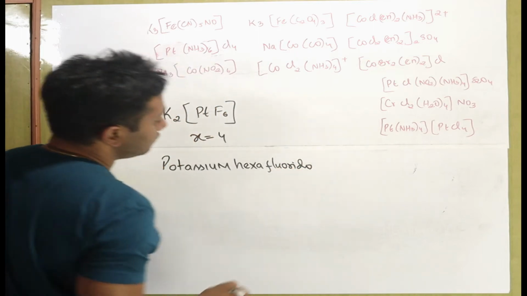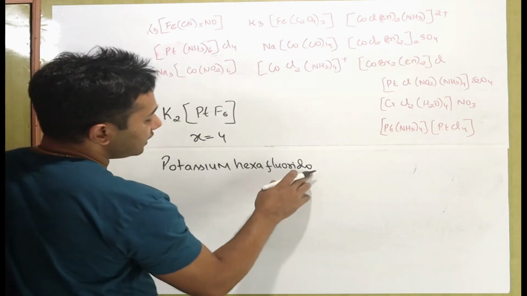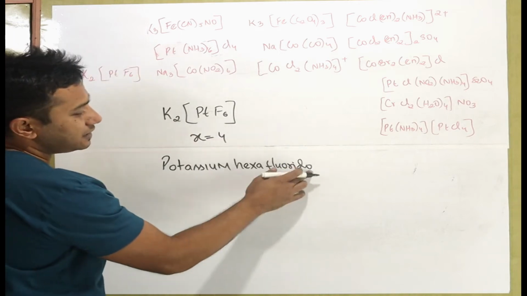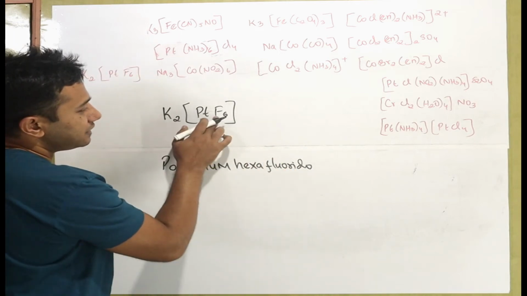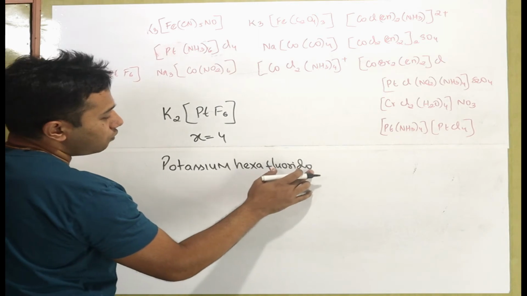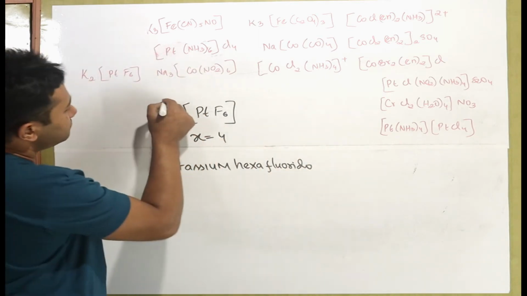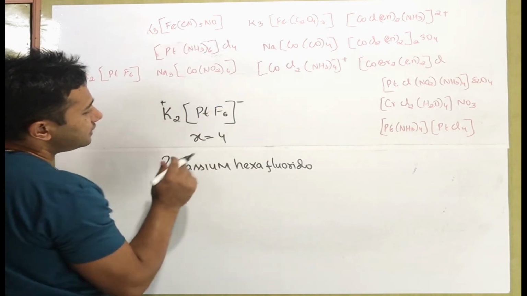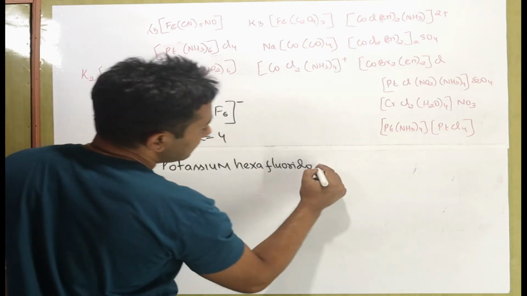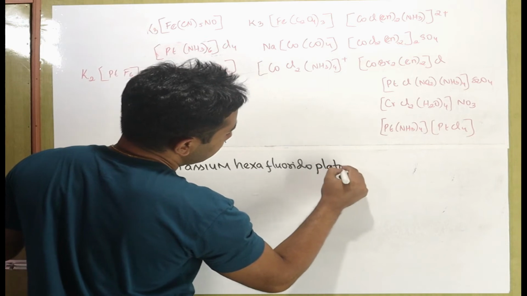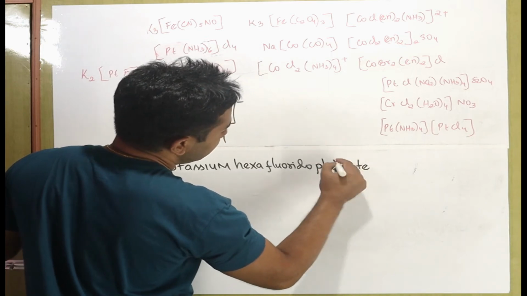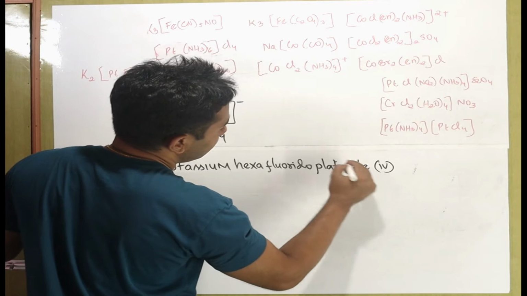Let's write fluorido. It ends with O because the ligand is negative. Always remember this: if the ligand is negative, the name shall end with O. Hexafluorido. Now, if this is positive, the coordination sphere will be negative. Platinum will be platinate 4.